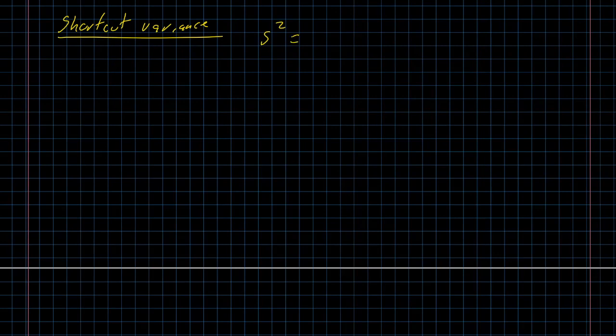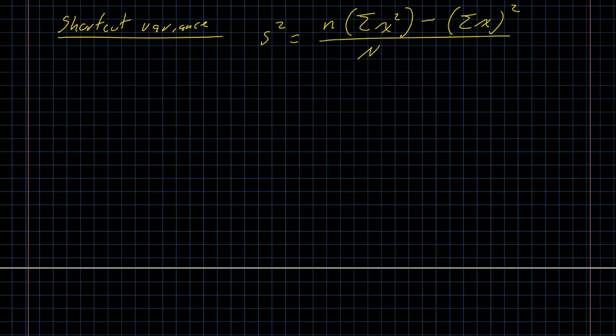But we can calculate the variance s squared by multiplying n times the sum of x squareds, then subtracting the sum of x's squared, and dividing by both n times n minus 1.